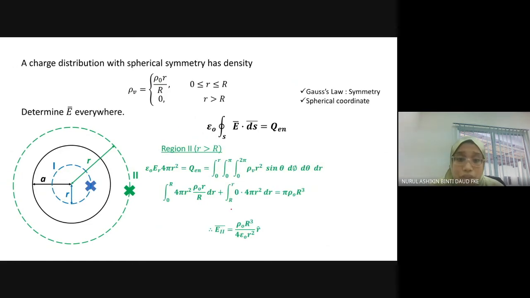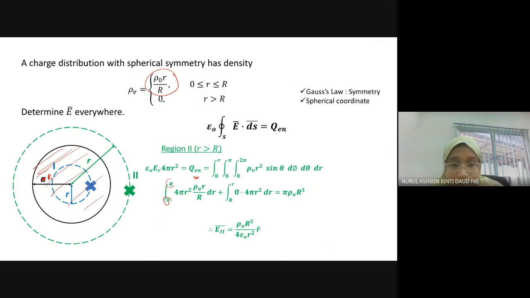However, when r is larger than R, sorry, this is supposed to be R2, r is larger than this R, the charge that will exist will be two parts. One, the range is 0 until R, where the value of the charge distribution is rho naught r over R, which is on this part.